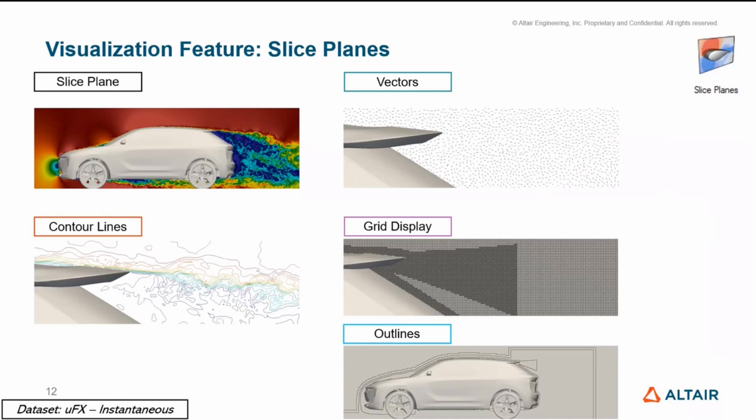As I mentioned, we can also look at the grid and the outlines. You can see here the outlines indicate the refinement levels of the ultrafluidics simulation. It's just a small indicator of where those changes in grid occur without having to plot all the dense cells like we show in the grid display.